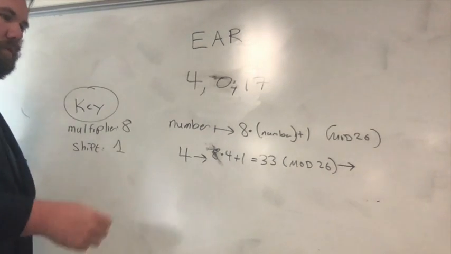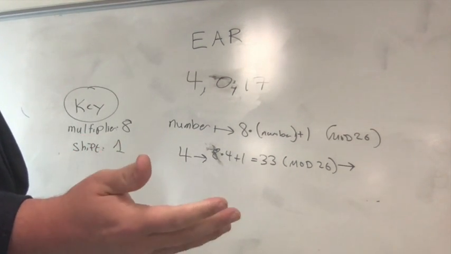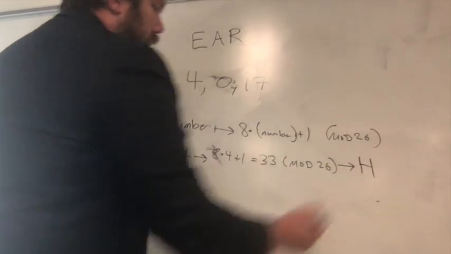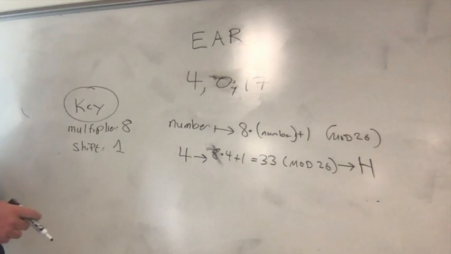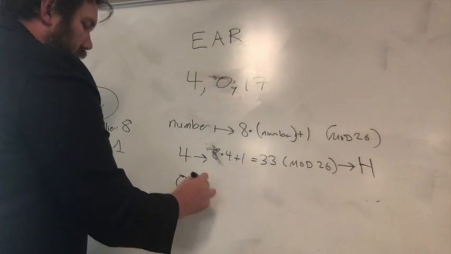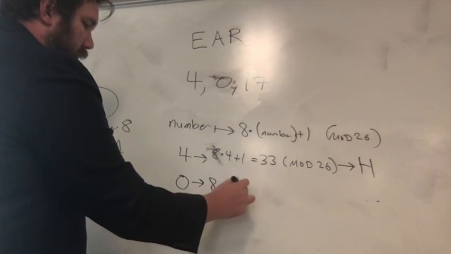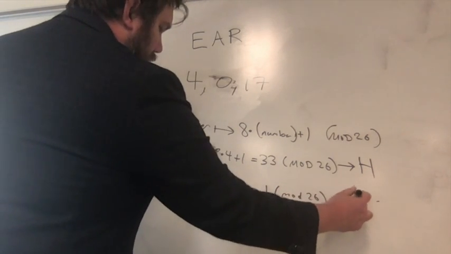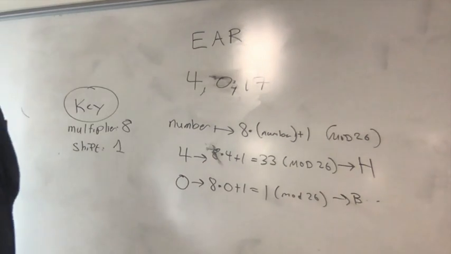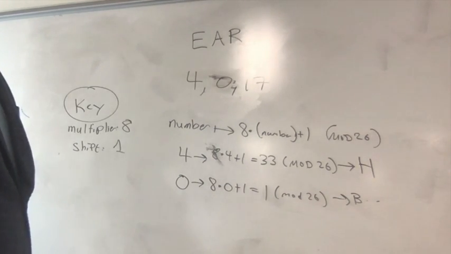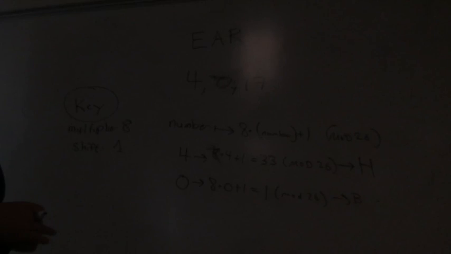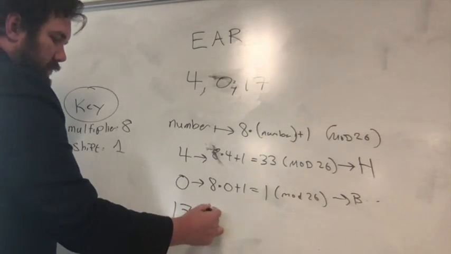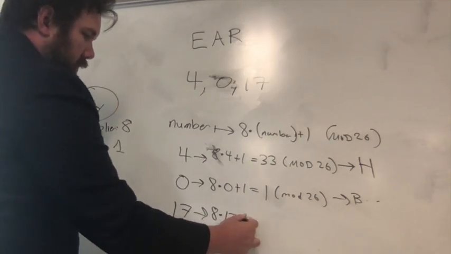I got H. Do you agree? Okay. 0 is easy. 0 goes to 8 times 0 plus 1, which is 1 mod 26, which is B. We always put A at 0. And the final piece, 17, goes to 8 times 17 plus 1.